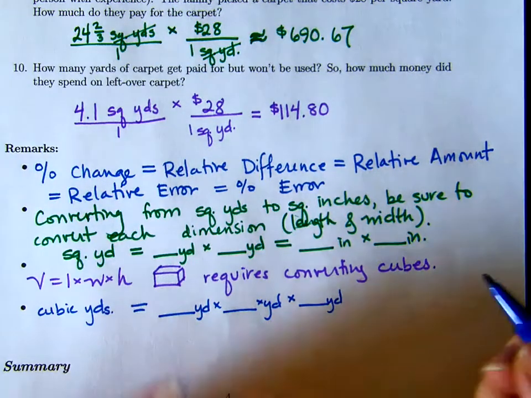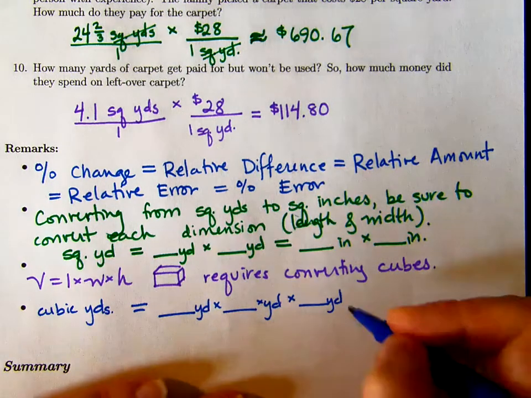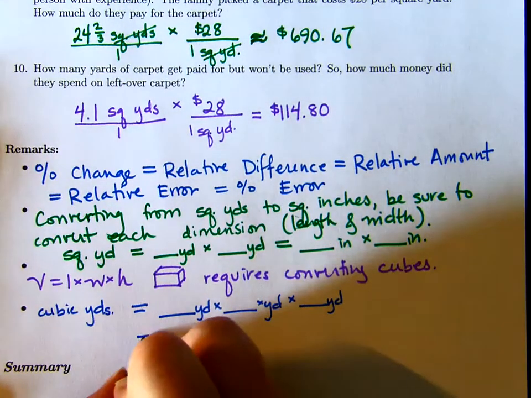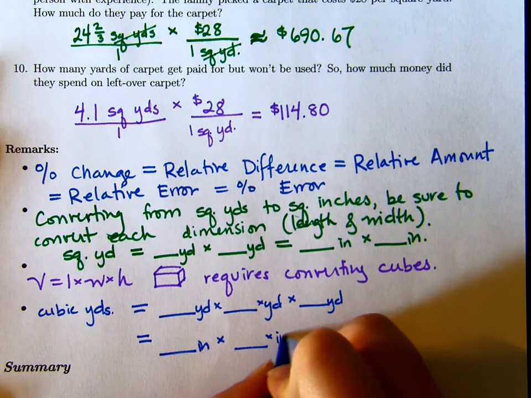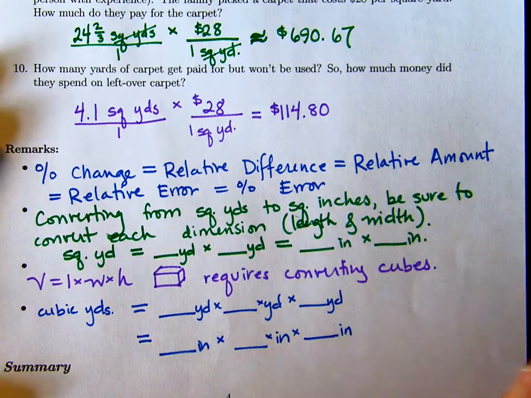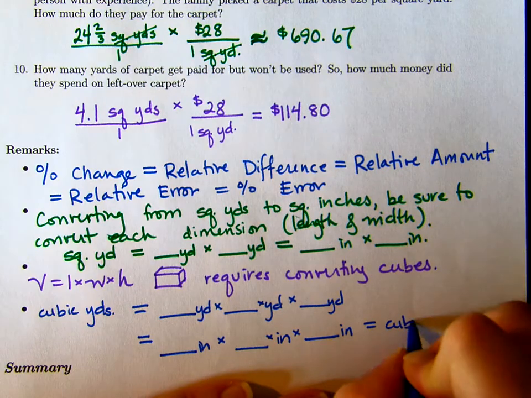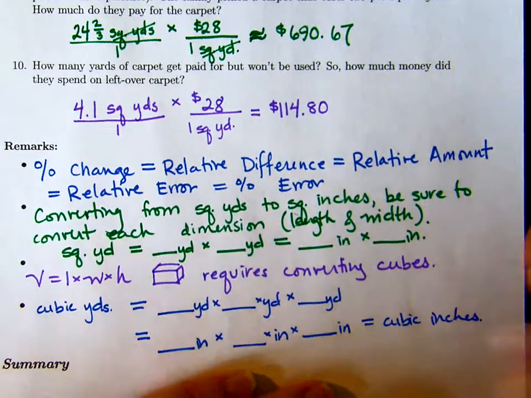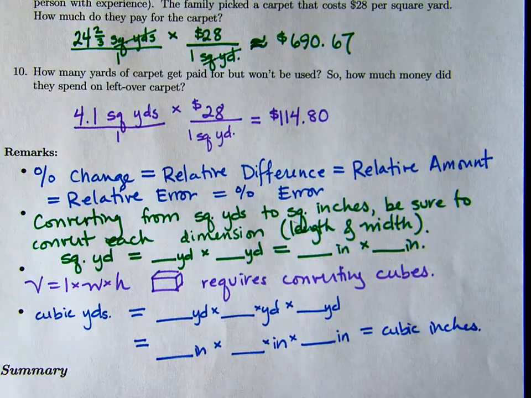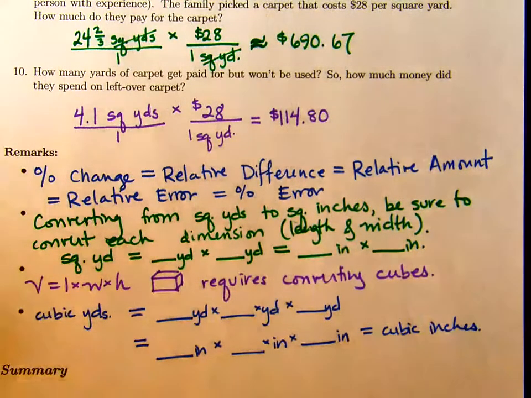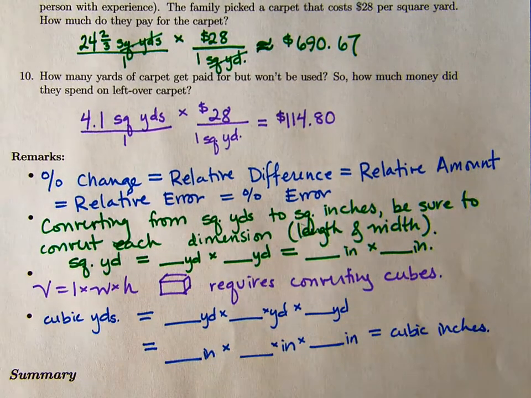Length by width by height. And each one of those would then have to be converted: length into inches, width into inches, height into inches, in order to get cubic inches. So when we see cubic yards, we can't just convert the yards once. We have to do it 3 times. And that's pretty tricky, especially if we don't write it out to jog our memory.